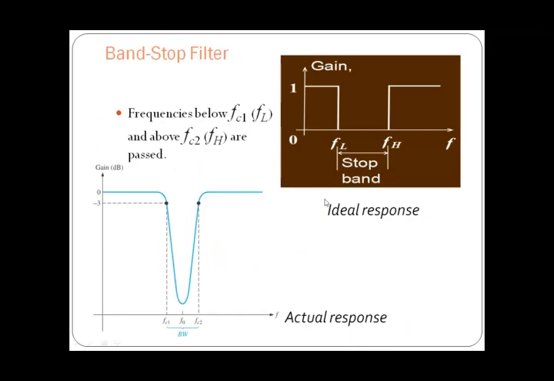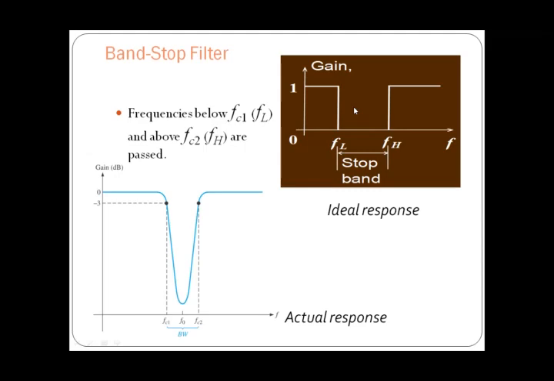Coming to the next one, that is the band stop filter. Within the selected band, it does not allow the signal to flow through it, and beyond that selected band, it allows the signal frequencies. In this ideal response, you can observe that the frequencies between FL and FH will not be allowed by this band stop filter, hence this filter is named a band stop filter.